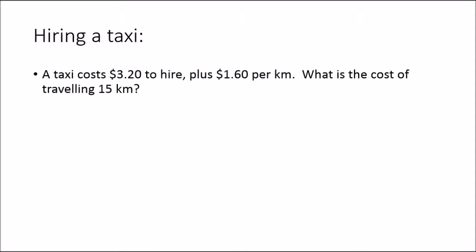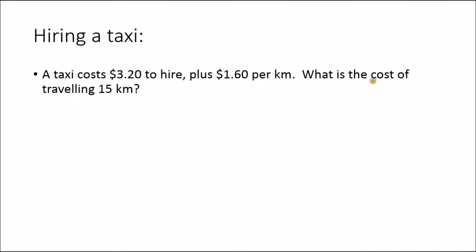So the sorts of problems that we might look at, hiring a taxi. A taxi costs $3.20 to hire plus $1.60 per kilometre. How can we figure out the cost of travelling 15 kilometres? Now what we need to do with these is start off by thinking about what the quantities are that we're interested in.